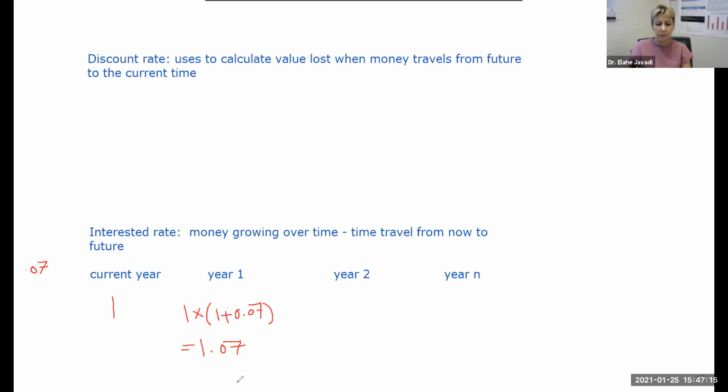For year two, you're going to get the same value you had here times 1 plus your interest rate. So that becomes 1 times 1 plus your interest rate squared. Why? Because you already have multiplied it once for year one. You multiply it again to calculate earnings for year two. Let me calculate that quickly.